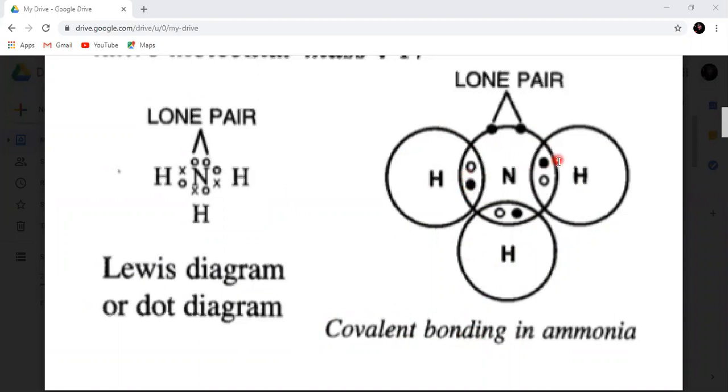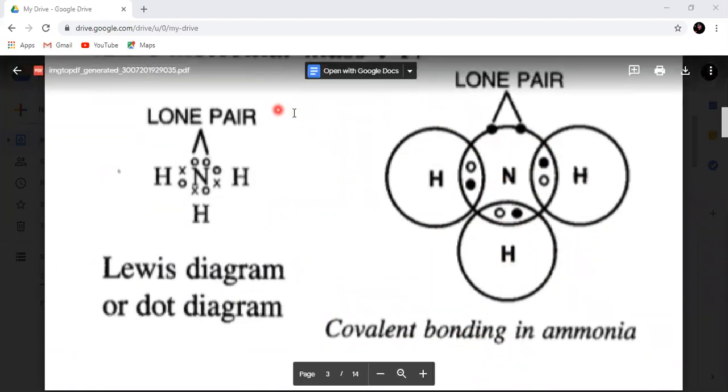Here, 3 single covalent bonds are being formed. I'm repeating, 3 single covalent bonds are being formed between the nitrogen and hydrogen. I'm showing that, kindly check it. Which 3 single covalent bonds are there?